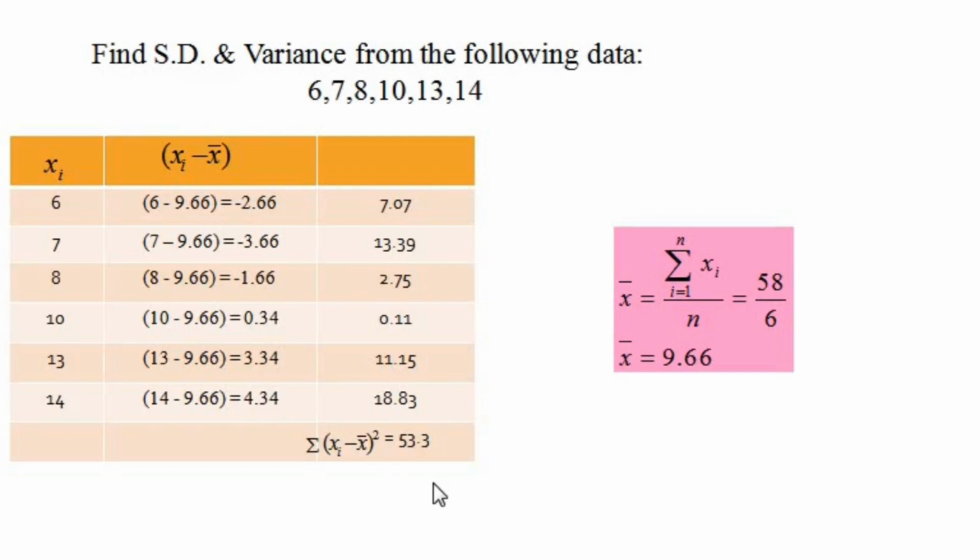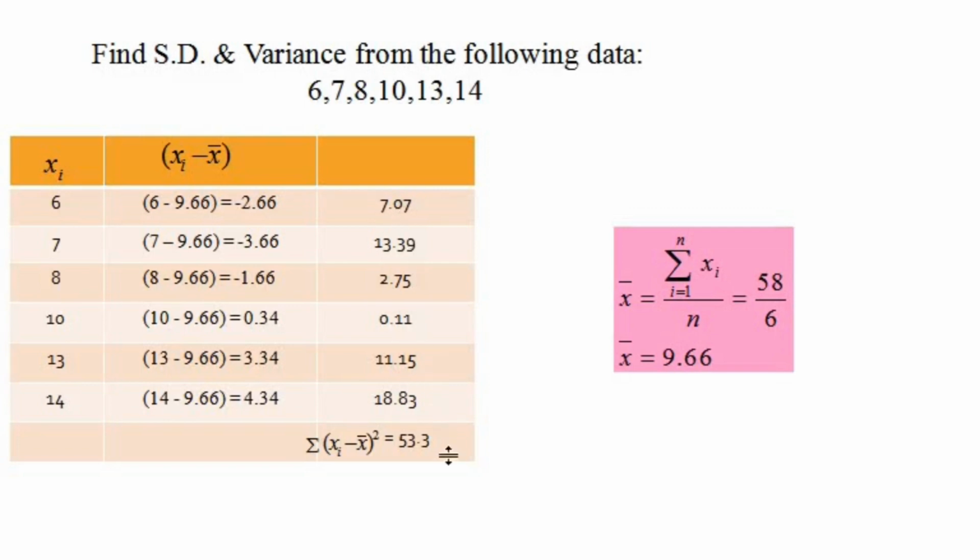Then we prepare the third column and take the square of each value: minus 3.66 square is 13.39, minus 2.66 square is 7.07, minus 1.66 square is 2.75, 0.34 square is 0.11, 3.34 square is 11.15, and 4.34 square is 18.83.